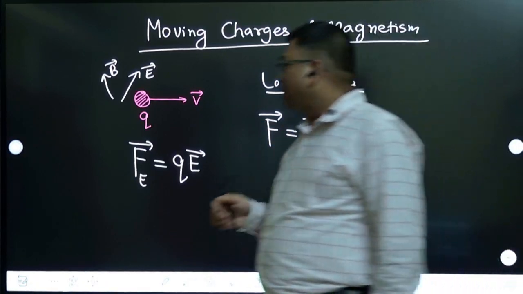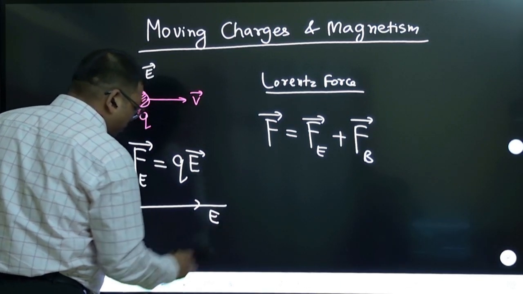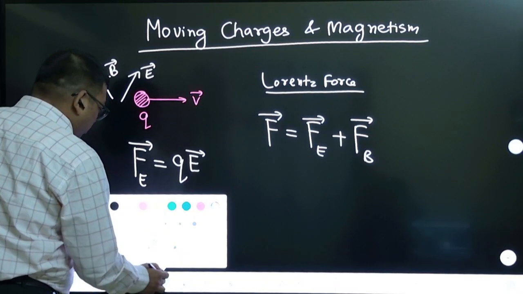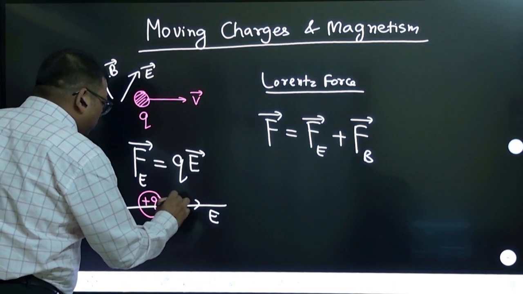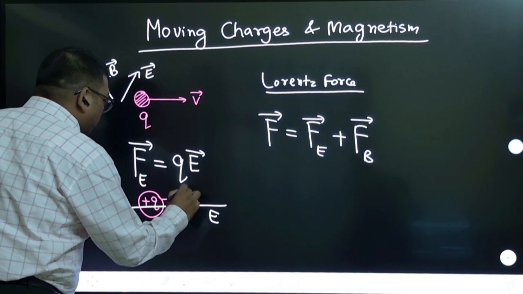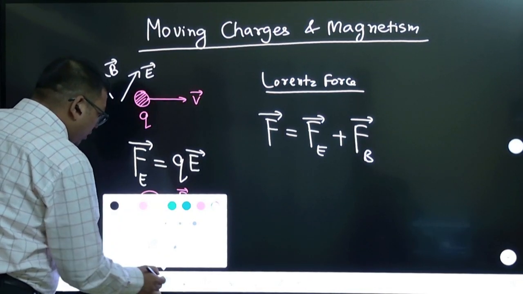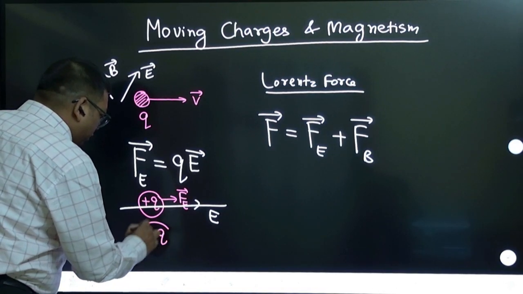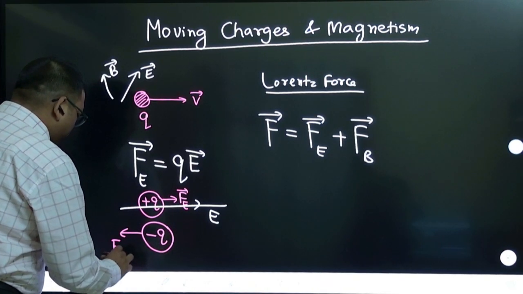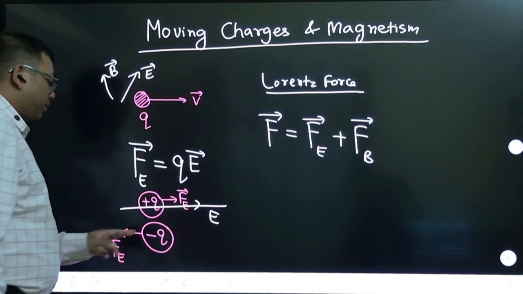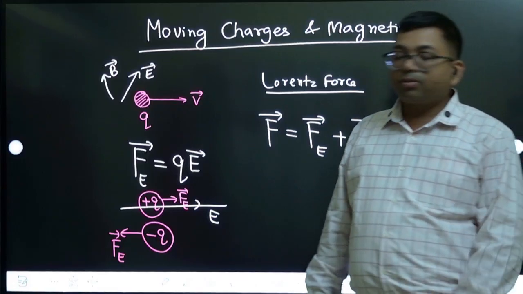Suppose this is the electric field and this is a positive charged particle, then the force will be in the same direction. But if the charged particle is negative, then the electric force is going to be opposite, because it is a negative charge, right? So this is one thing we have to know.